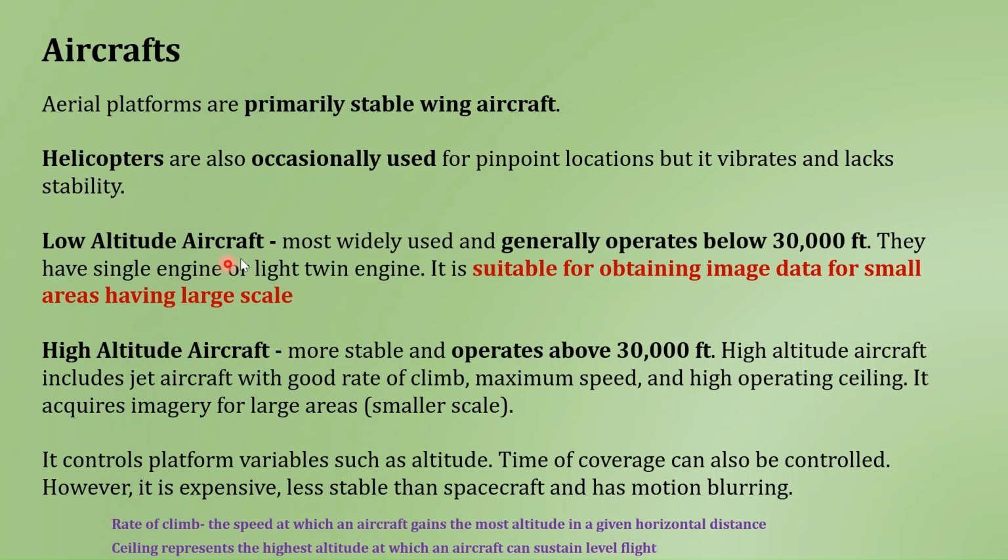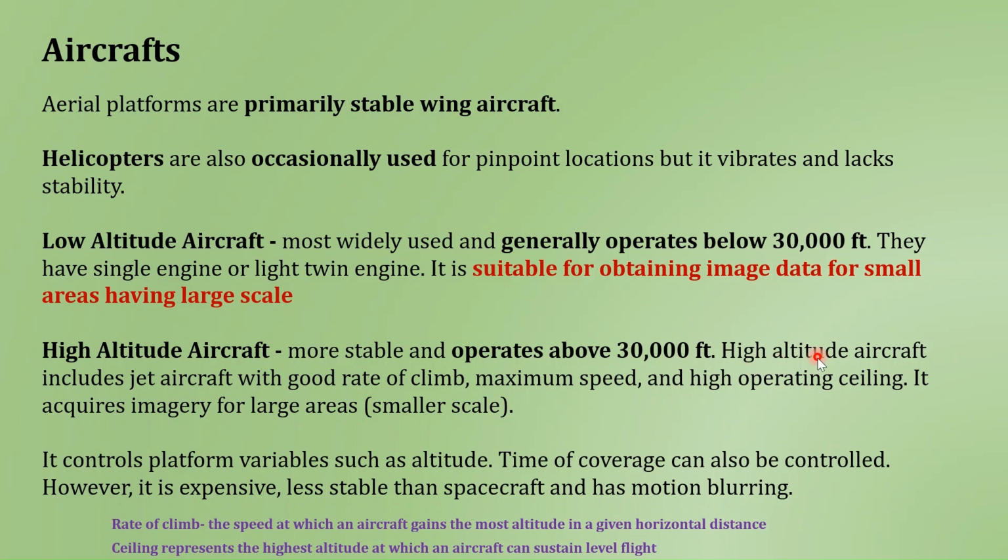Low altitude aircraft are most widely used and they operate below 30,000 feet. They have a single engine or light twin engine and they are suitable for obtaining image data for smaller areas having a large scale. Then high altitude aircraft are stable and they operate above 30,000 feet.